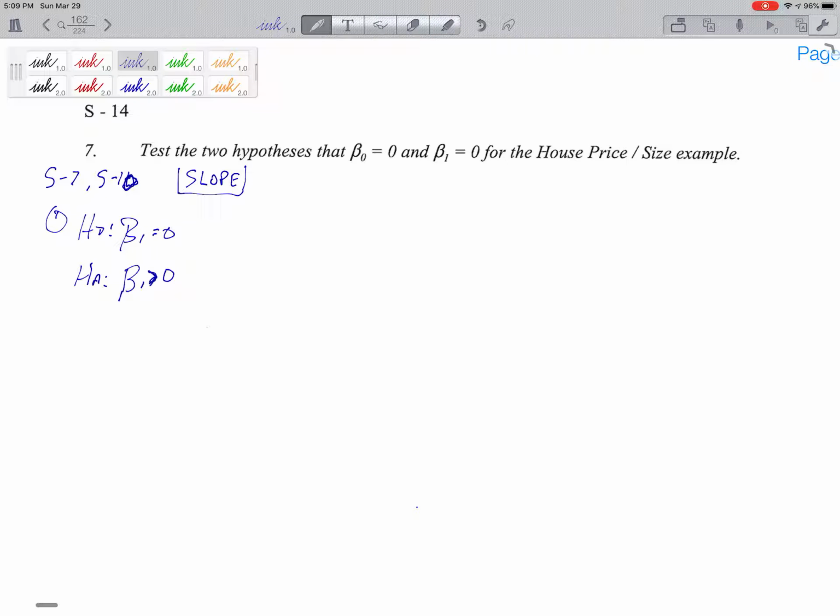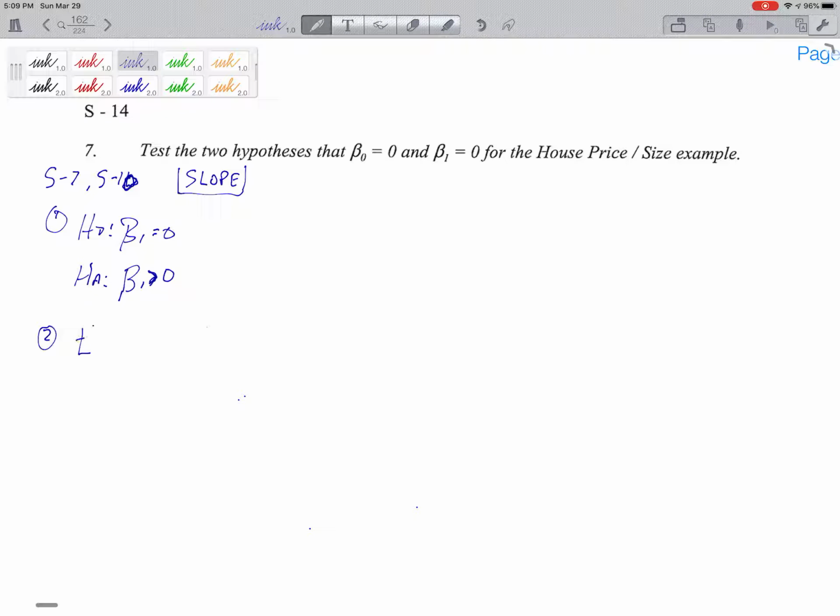But if the decision maker says, I think if there's a relationship, we would expect it to be positive, and of course we can use some common sense on that in terms of house sizes and house prices, then that's what we want to test here. Again, on a test question, I would be more specific in terms of that.